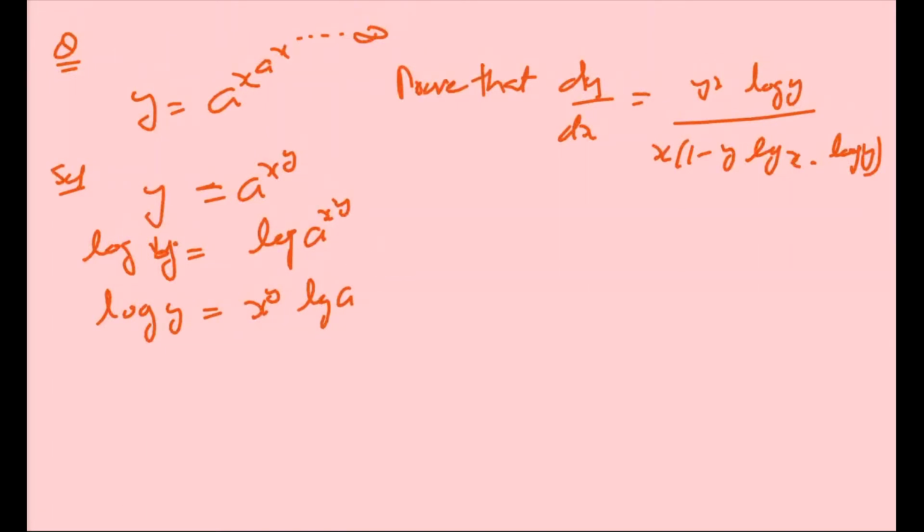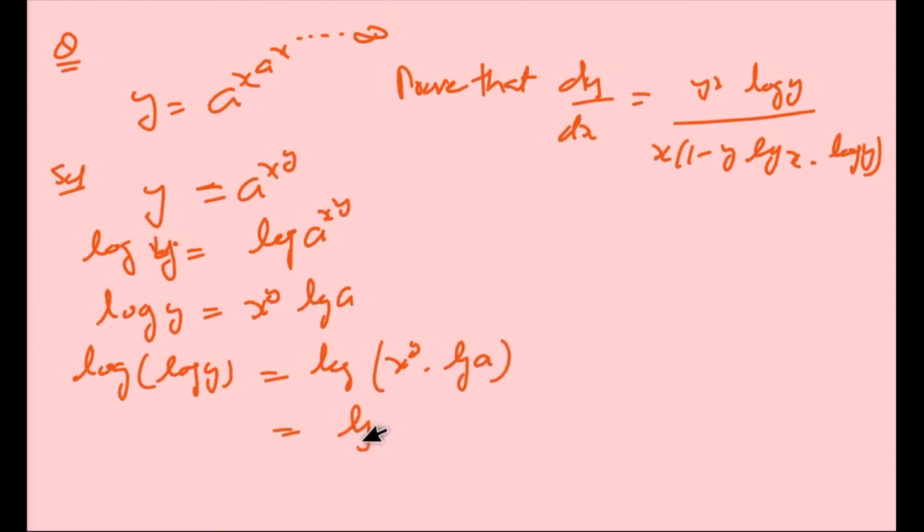Now we can see here we have to take again log both sides, since here x to the power y. So again log both sides, log of log y equal to log of x to the power y into log a.